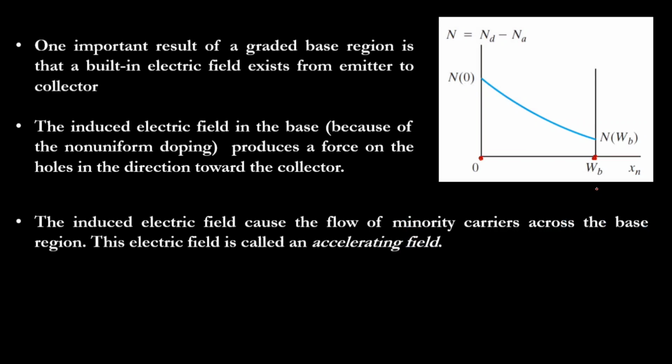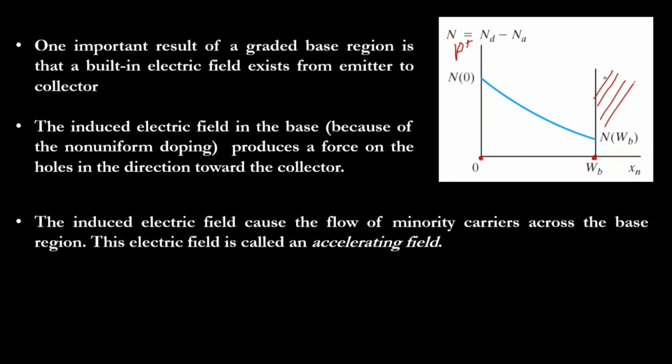So in that case, the graded base region is nothing but the doping concentration gradually reducing from the emitter junction to the collector junction. This side is strong P, and this side is potentially less compared to the emitter region.